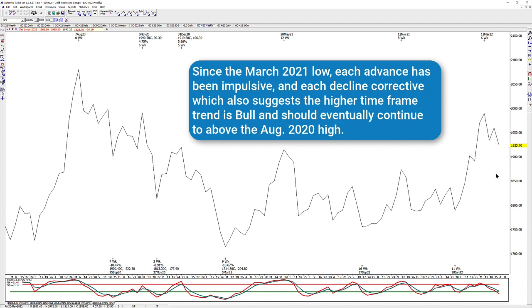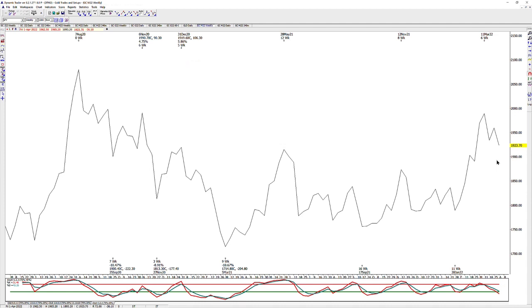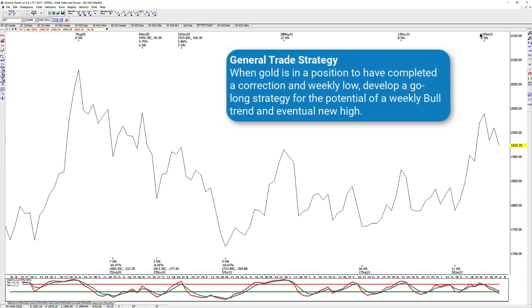Impulsive up. More than likely, what we would want to be looking for is that when gold is in a position to have completed a correction off of this March 2022 high, that would be an opportunity to consider a long trade.